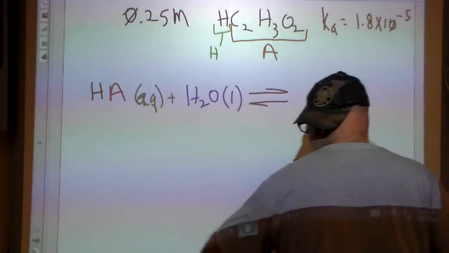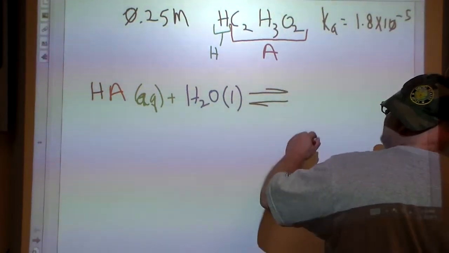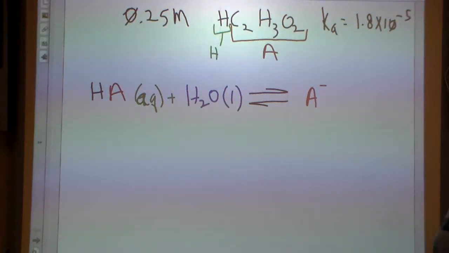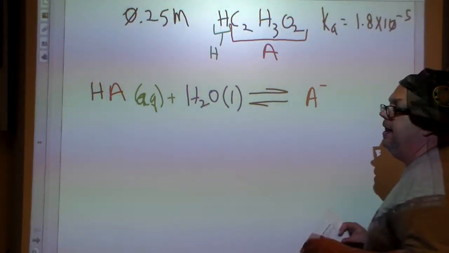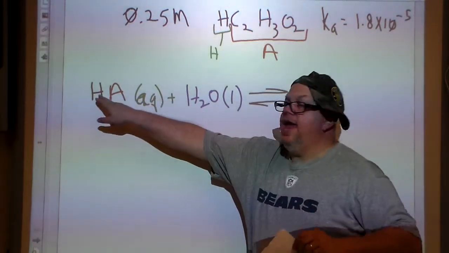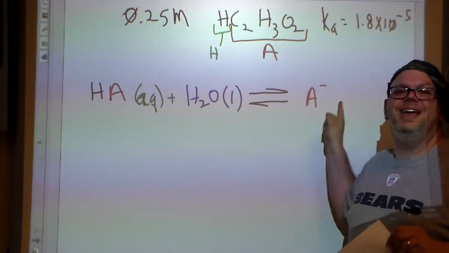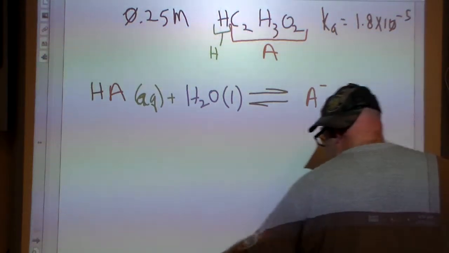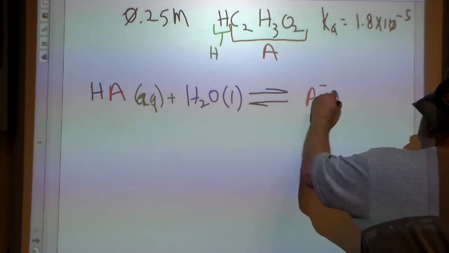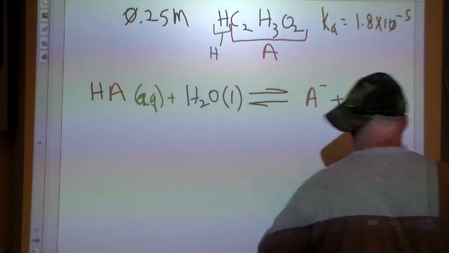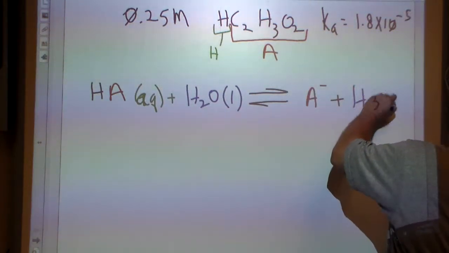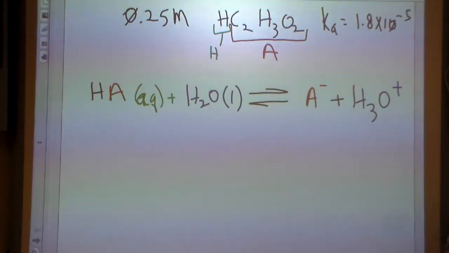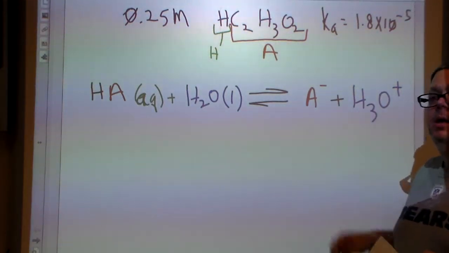So what do you end up having? An A minus. What do we call that? If this is an acid and it lost a proton, this becomes a conjugate base. And we are going to have H3O plus, because it picked up a proton.